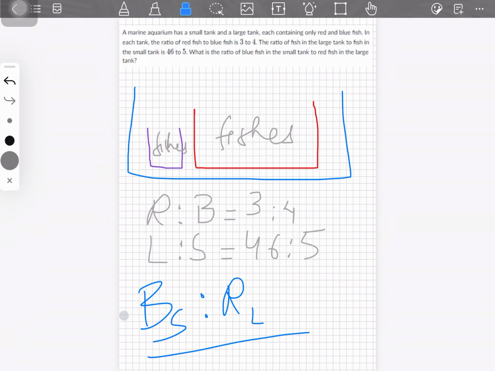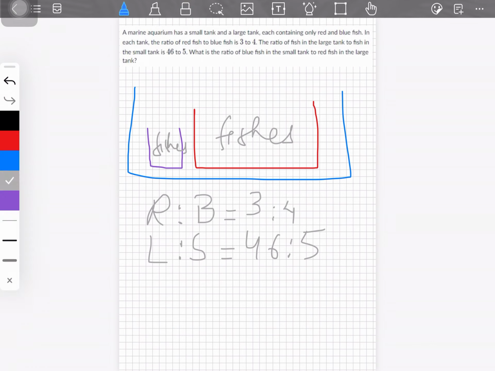While combining, what you have to understand is this. Let's say there are 7 total fishes in a tank, either large or small, it's the same. If there are 7 total fishes, then 3 are red and 4 are blue. So we have to understand this number 7 is very important. That way you will solve using the number 7.